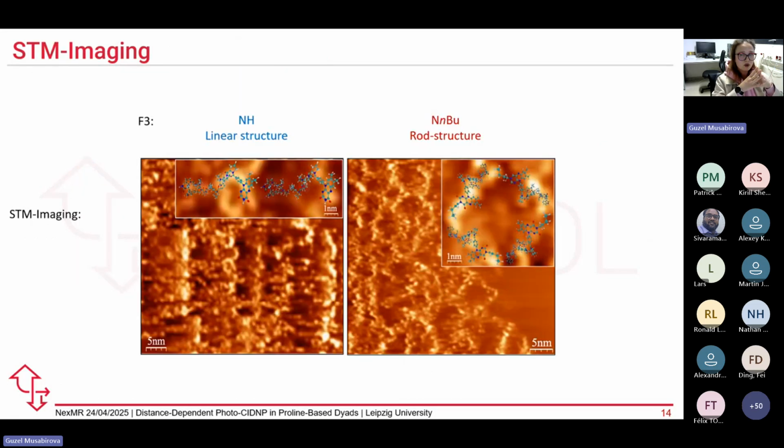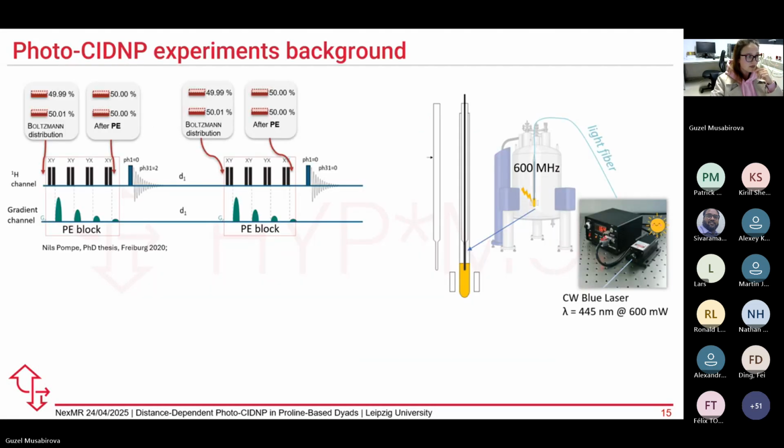This alignment comes from hydrogen bonding between flavin and tryptophan groups. And the image here shows that this alignment is broken when we use the N-butyl substituted dyad. In the following slides, I will show how it influences the CIDNP effect.